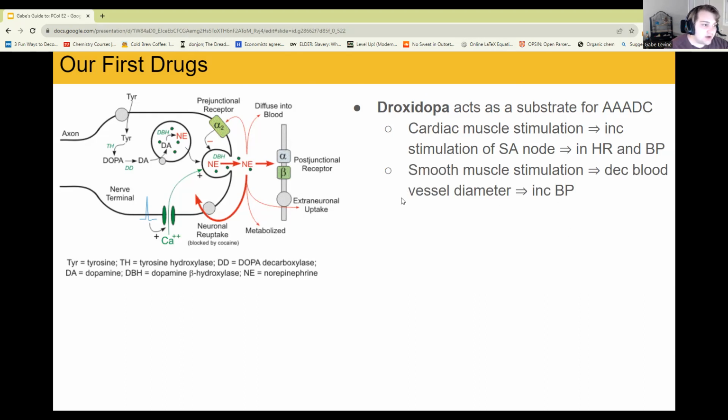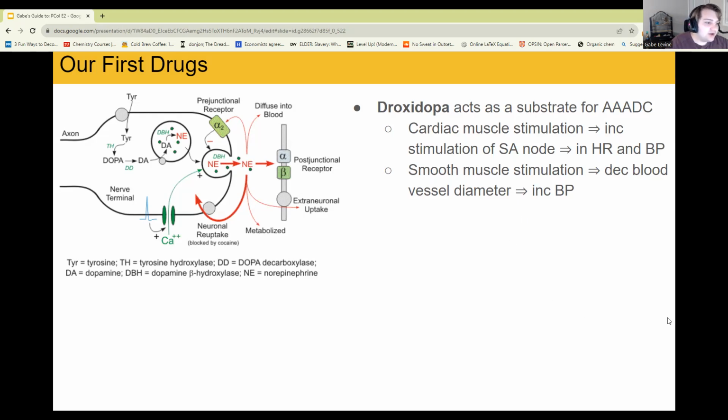Two different reasons why we use it. Both end up having the same kind of effect. The first is that it's going to increase stimulation on the heart. And the second is that it's going to cause the blood vessels to constrict, which is going to increase blood pressure overall.